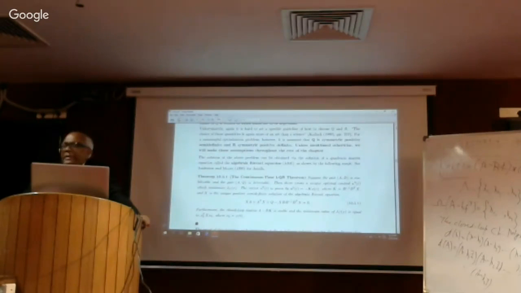But K is computed from the solution of a quadratic matrix equation called the algebraic Riccati equation, named in honor of the Italian mathematician Riccati.